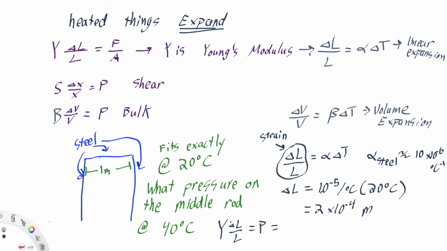The Young's modulus for steel can vary a lot depending on the alloy. But I'm going to pick a cheap steel and say that it's maybe around 200 gigapascals.